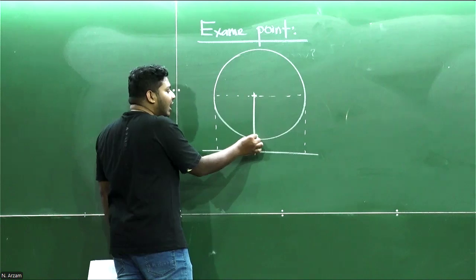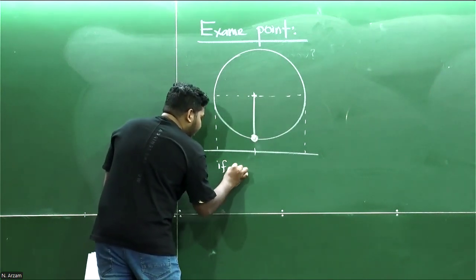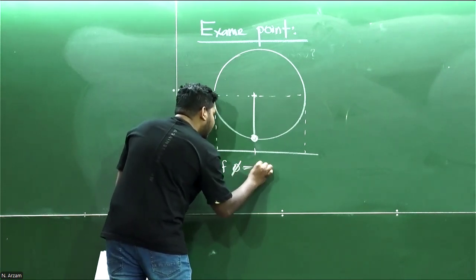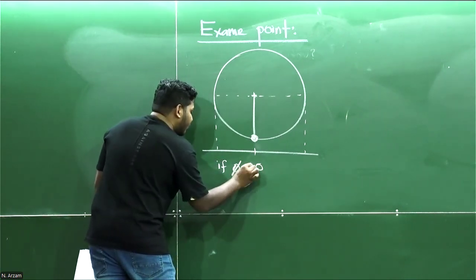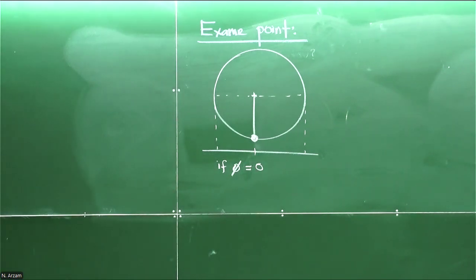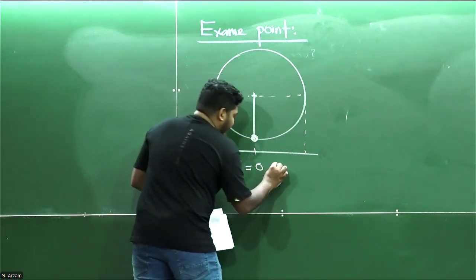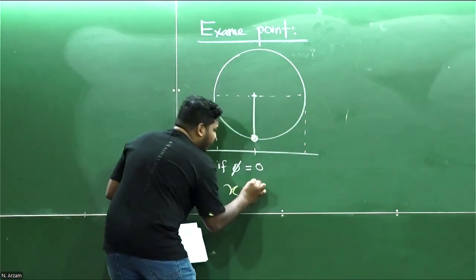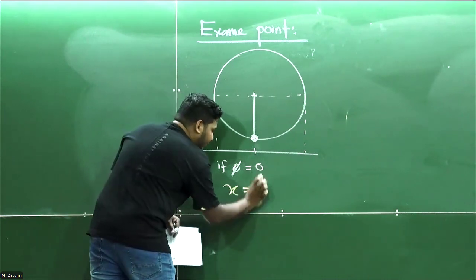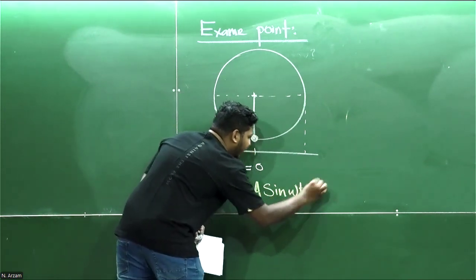If the simple harmonic motion starts from here, if phi is equal to 0, the equations for the simple harmonic motion are like this. So we know, right? X is equal to, you should say with me, A sine omega t.